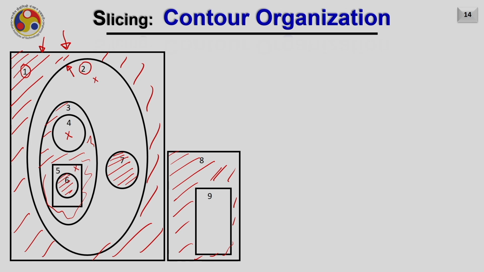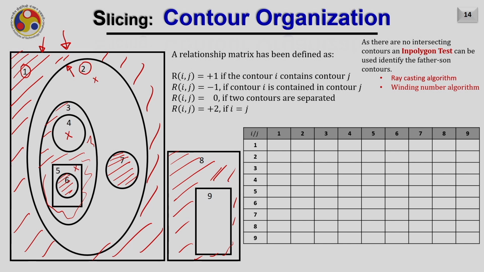It becomes very important to appropriately organize these contours in such a way that the algorithms can easily read these contours and give us the appropriate results. For that, let us create a relationship matrix in such a way that if there are contour i and contour j, an appropriate value will be assigned to that cell.